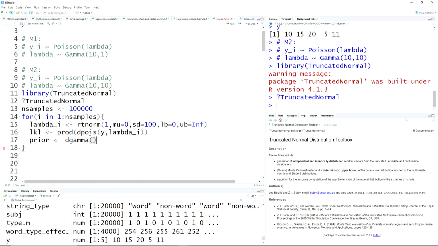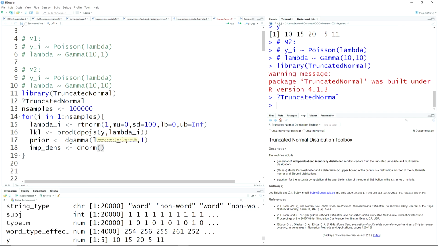Now this is for model 1. For model 1, the prior is dgamma of lambda i, and 10 1. Model 1 says that the prior is gamma 10 1, and the importance density will be dnorm. You should use dtruncnorm, but I do not think I have a function for dtruncnorm in this package.